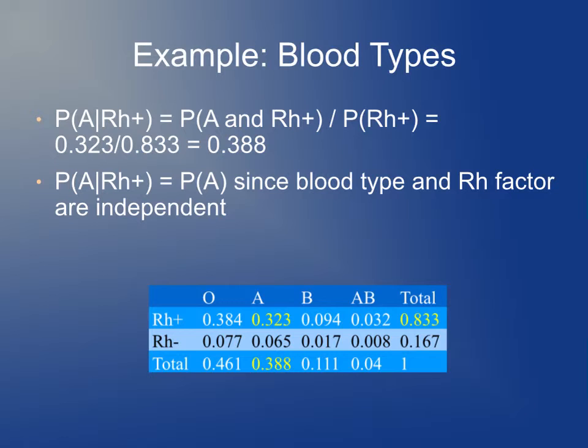And that's what we expect, that blood type and Rh factor are independent. The probability of having type A blood, given that you're Rh positive, should just be equal to the probability of having type A blood generally, which is what we observe here.